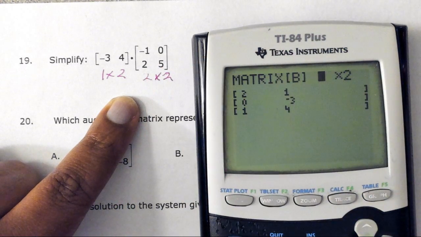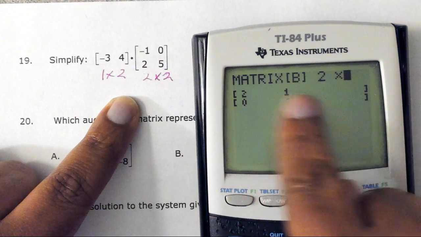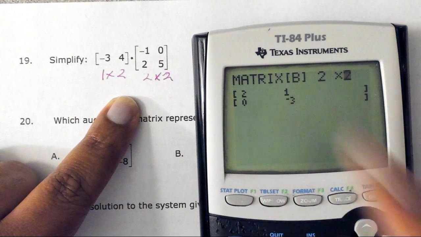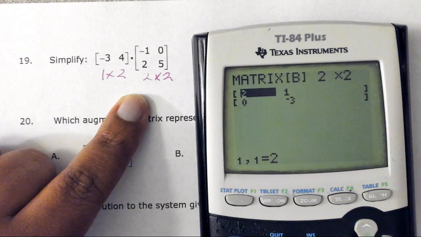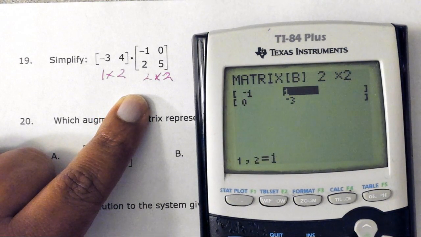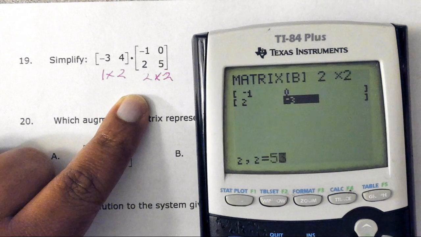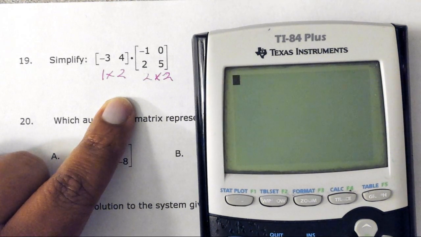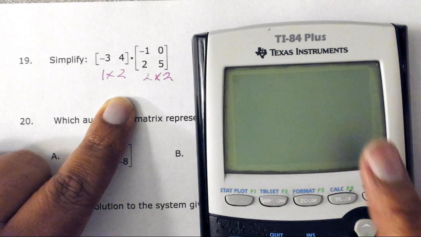So when I go to enter it into the calculator, I need to make sure I change it. Again, the calculator helps to make sure I get it right. So type in your new information. Just go ahead and get out of that screen, and now we're ready to multiply.